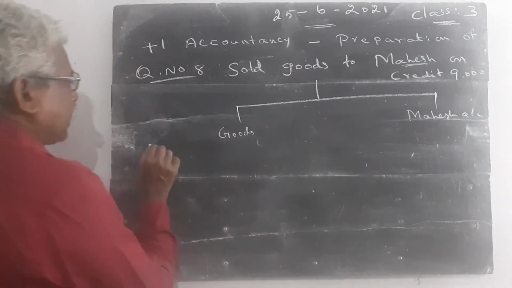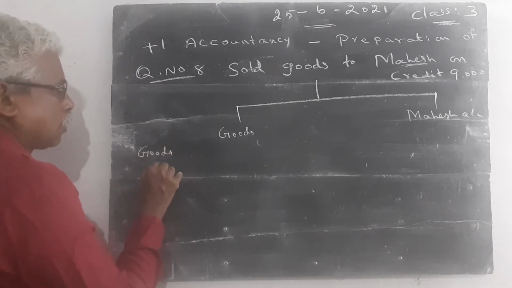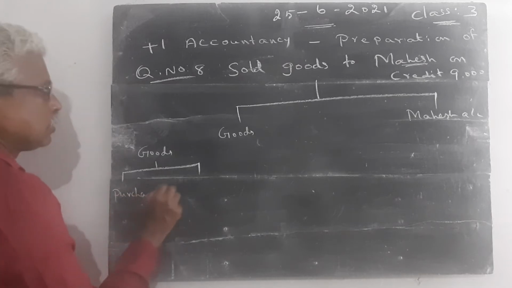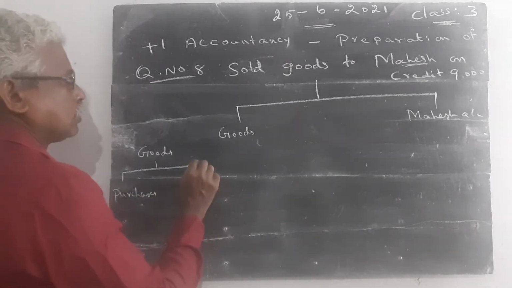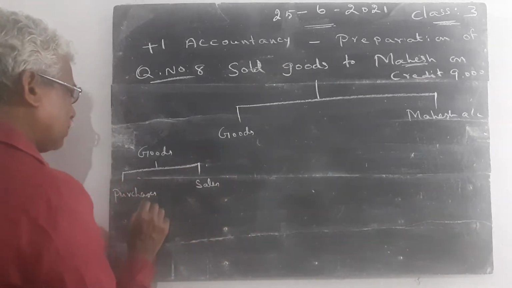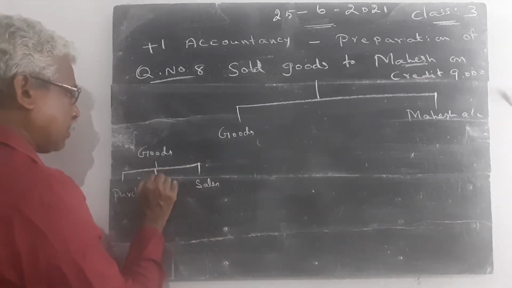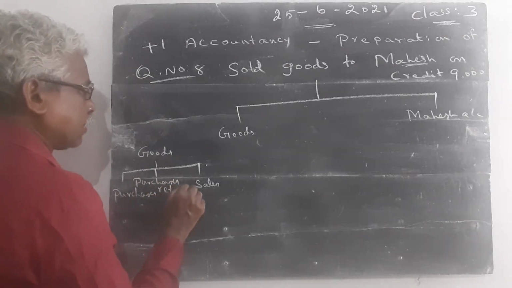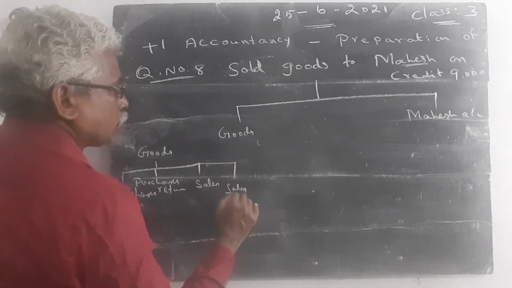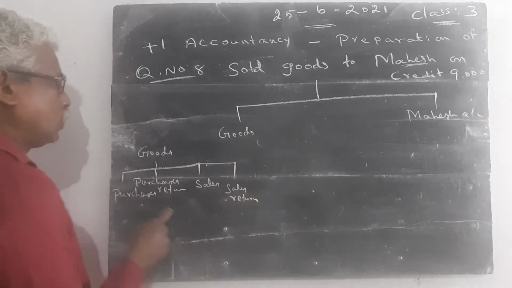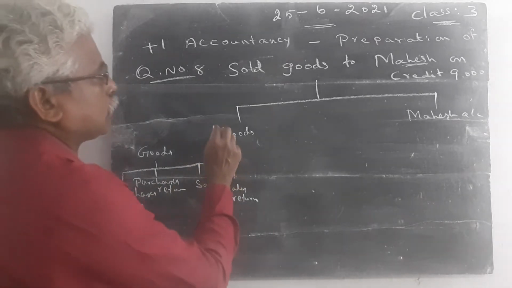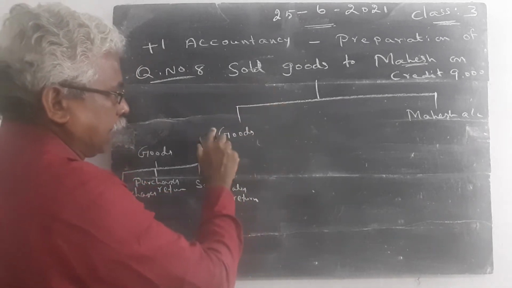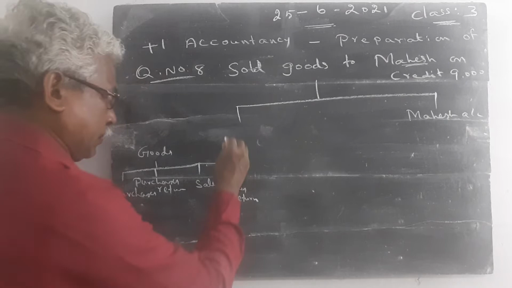The goods accounts are classified into 4 types, as I already explained: purchases account, sales account, purchases return, and sales return. So hereafter we never use the word goods account. Instead, we have to use the word sales account.